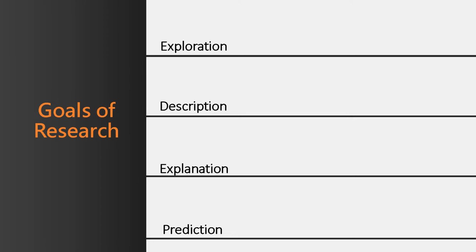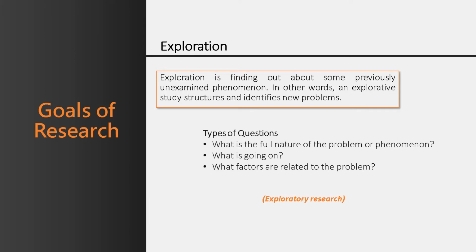These are the goals of research: exploration, description, explanation, and prediction. So the first goal of research is exploration. It is finding out about some previously unexamined phenomenon. In other words, an exploratory study structures and identifies new problems.